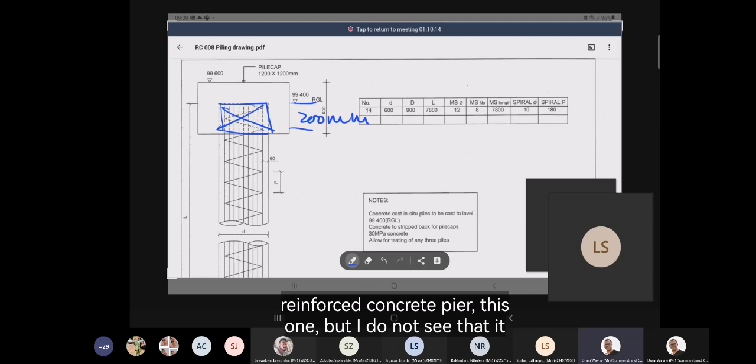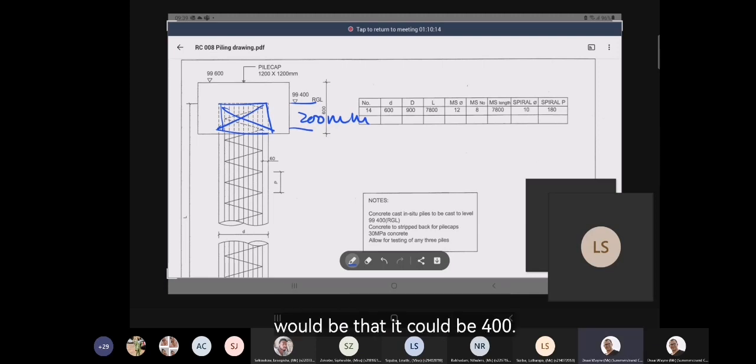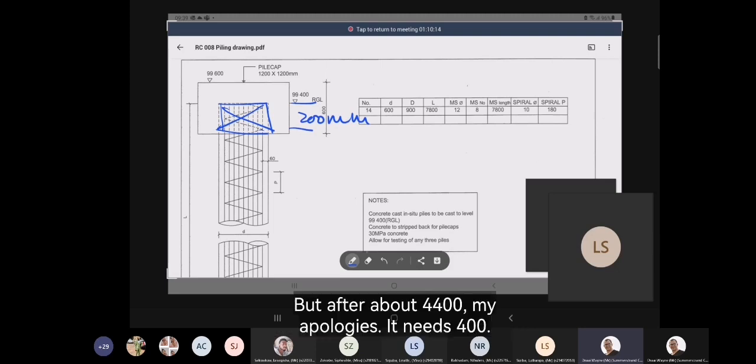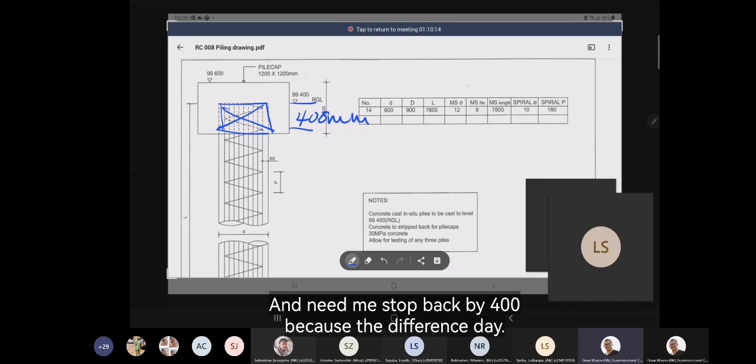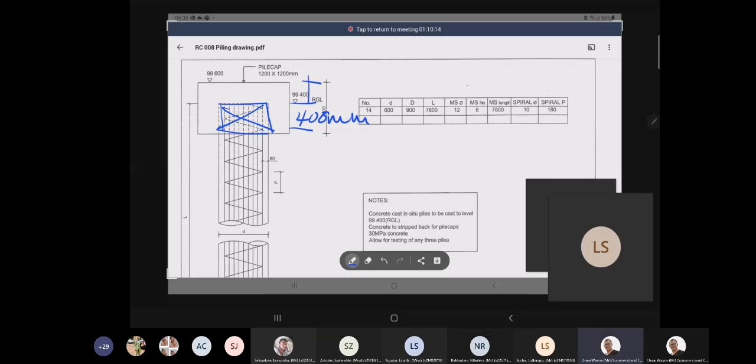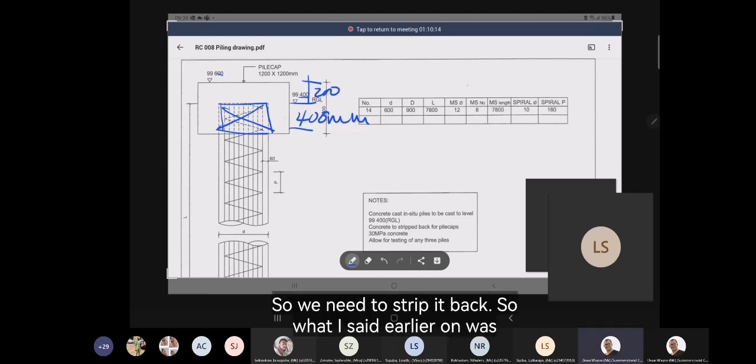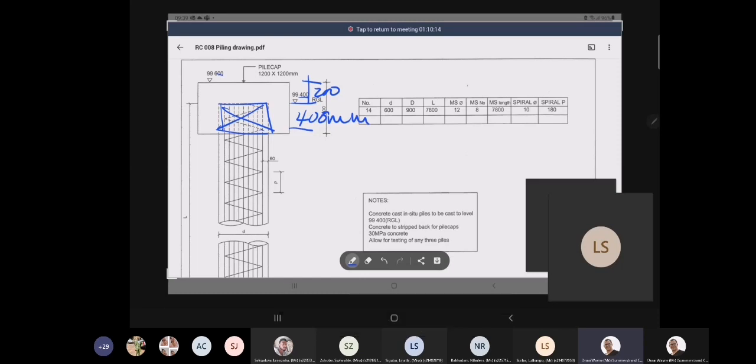Okay, yeah, this one, but I do not see that it could be 400. In actual fact, sorry, it is 400. My apologies, it is 400. It needs to be stripped back by 400 because of the difference there between 600 minus 400. So what I said earlier on was wrong. I apologize. Sometimes even the great make mistakes.